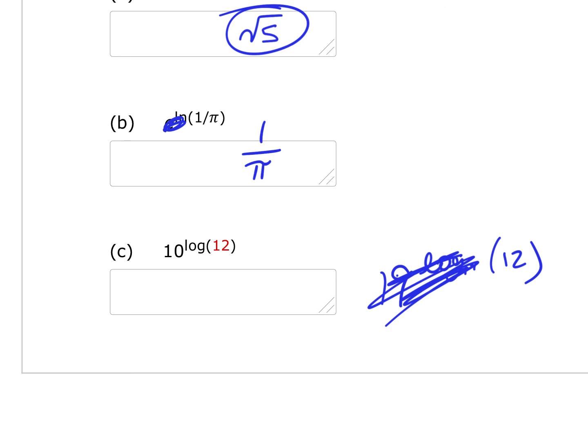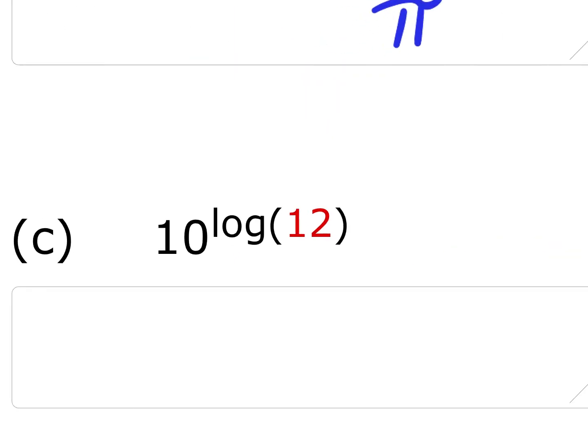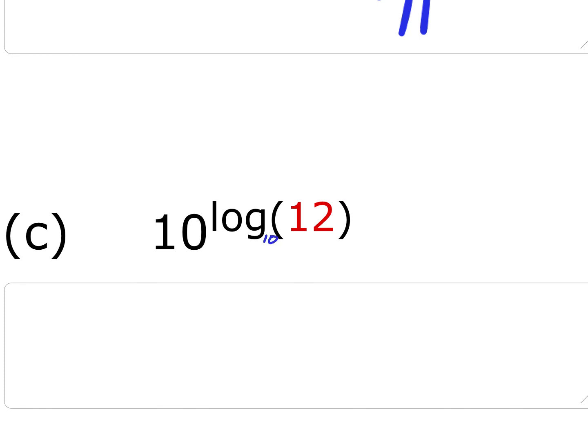So what do you guys think that little number next to the log is? What's my little base? It's not 1. It's 10. Whenever you have just the word log, it's understood that it's log base 10. Your calculator is programmed to be in log base 10.